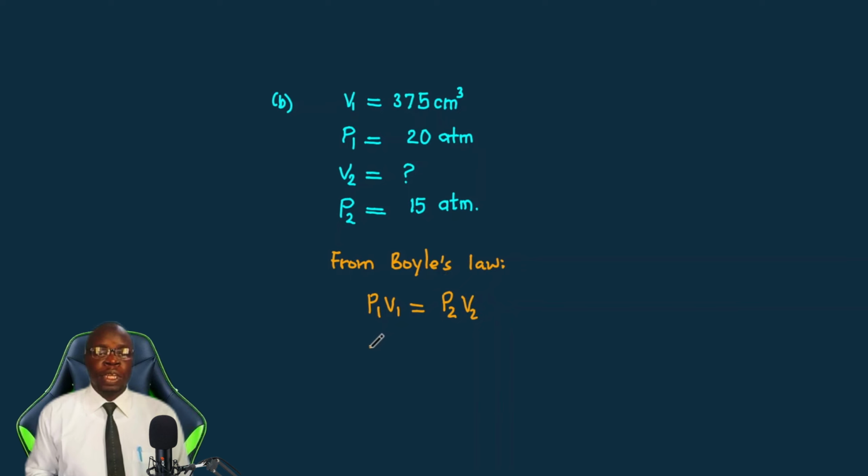We divide both sides by pressure 2 such that we get our V2 alone. Now let me rewrite this again, and we have V1, P1, P2, and V2. And this time we're dividing both sides by P2.